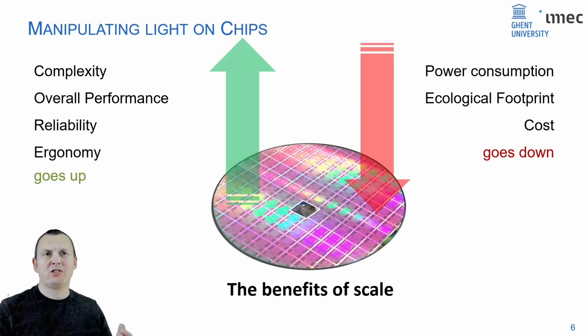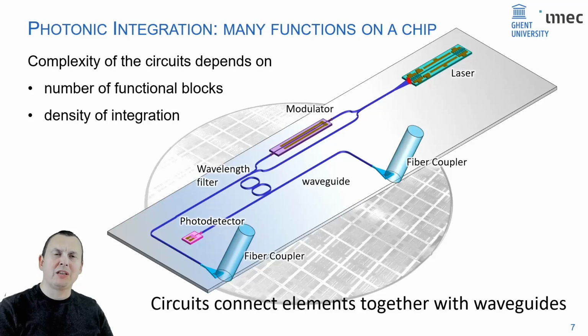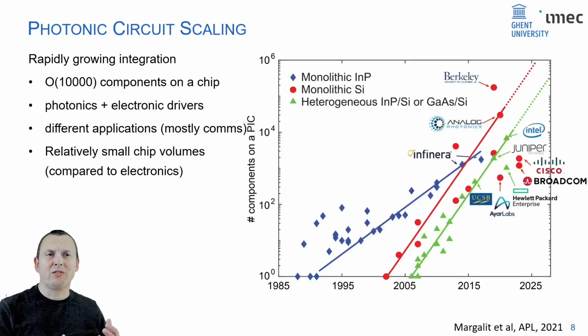Now, photonic integrated circuits, as you well know, are not the same as electronic circuits. We find different functions, in particular functions like the generation of light with lasers, modulators, wavelength filters, photodetectors, etc. If we look over the past 2 decades, then we see that photonic integrated circuits have systematically become more complex, and we're now looking at photonic circuits to the order of 10,000 and maybe even 100,000 components in the same circuit.